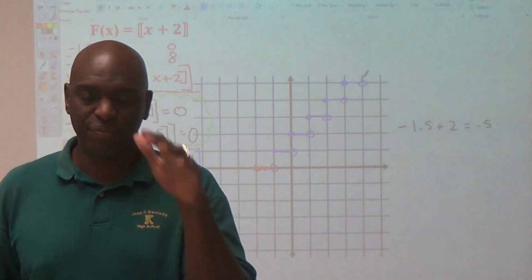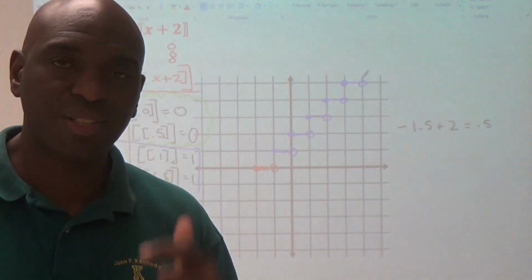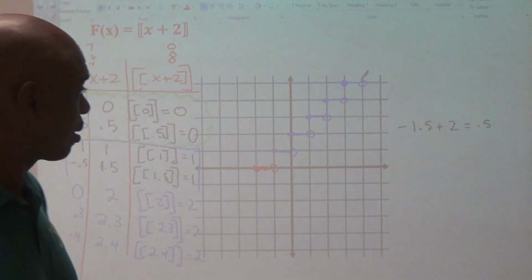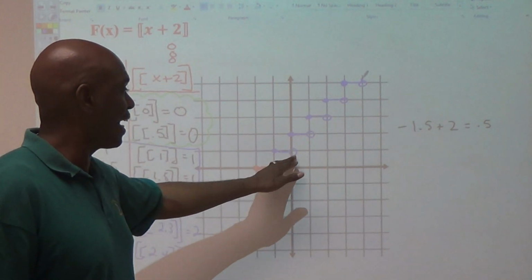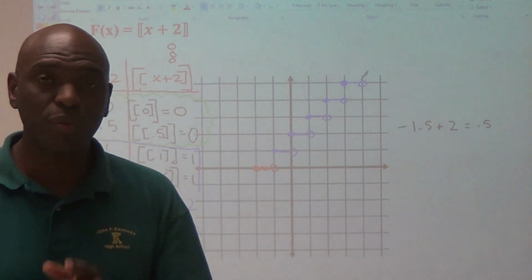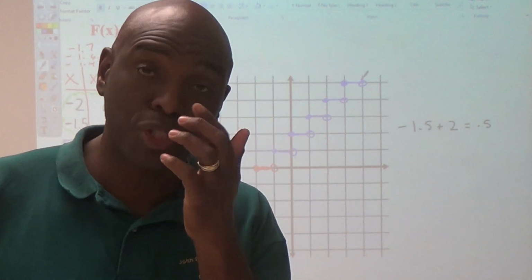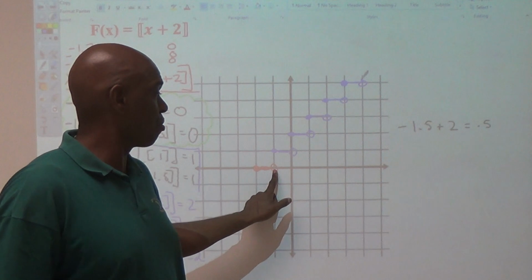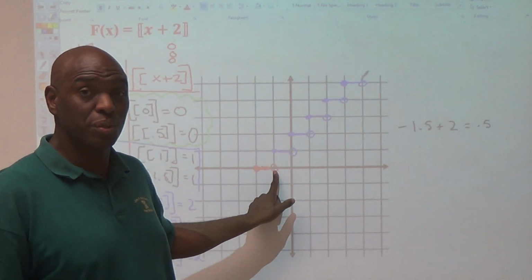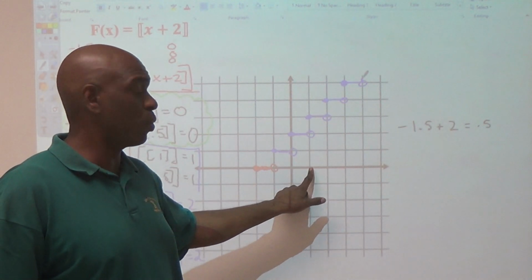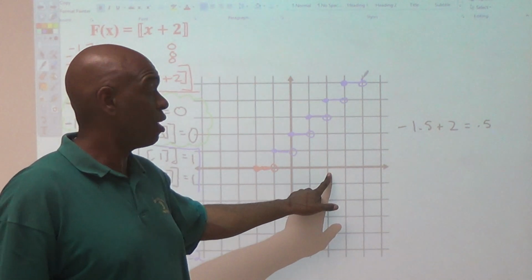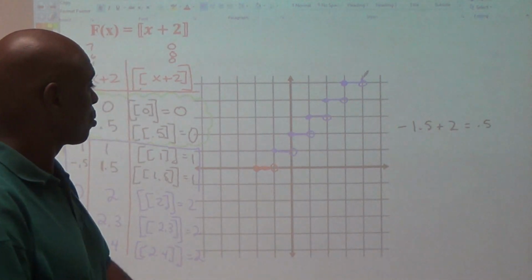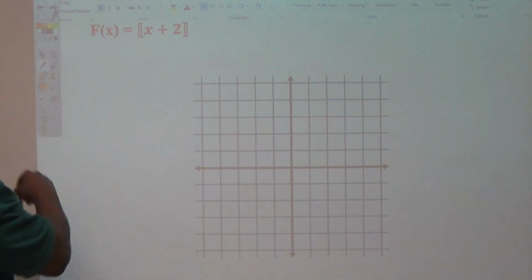So this step function is discontinuous at every integer. At -1, discontinuous. 0, discontinuous. 1, discontinuous. 2, discontinuous. There's a jump discontinuity on every integer. So it's discontinuous.